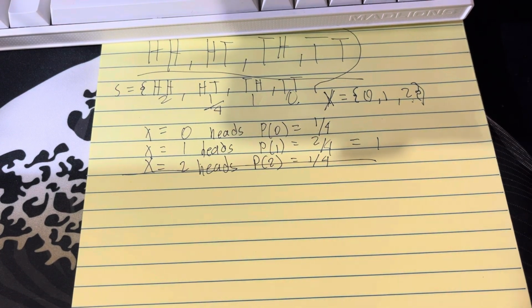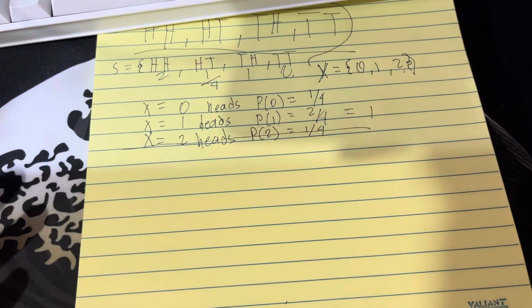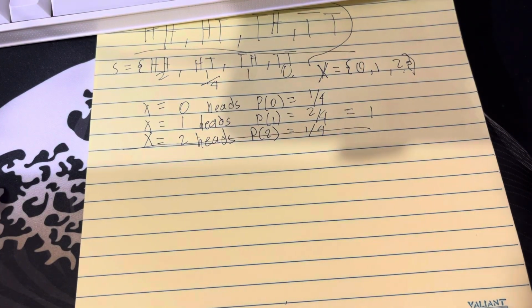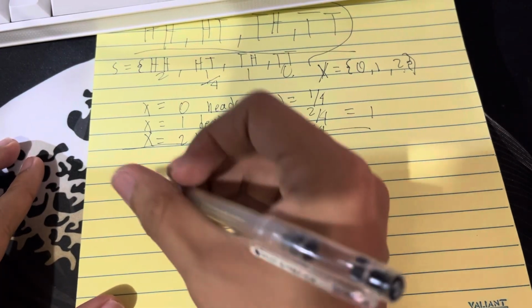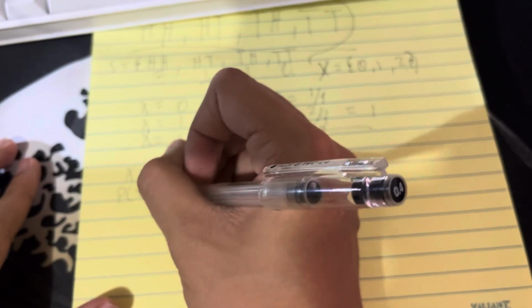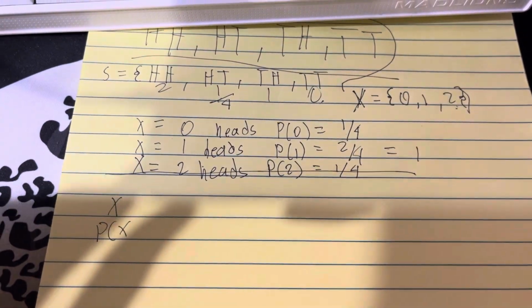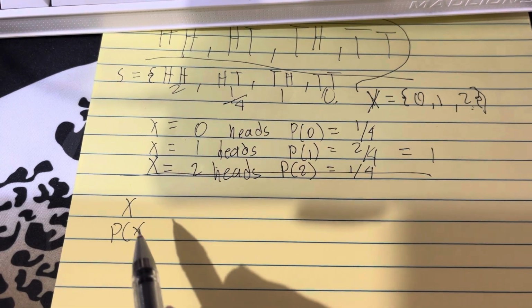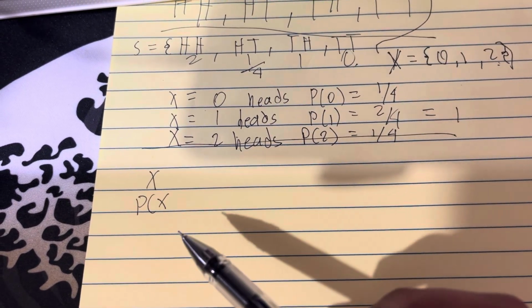So let's go through the probability distribution table. Once we're done with all that, we just put it into a table. What does this mean? How do you construct it? It's basically just x and P of x.